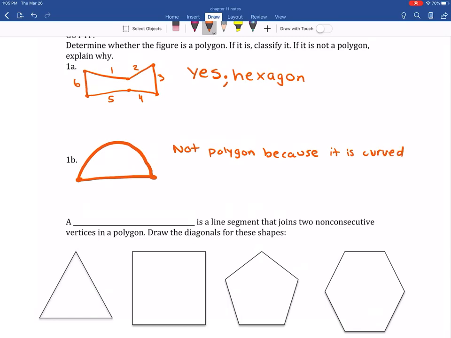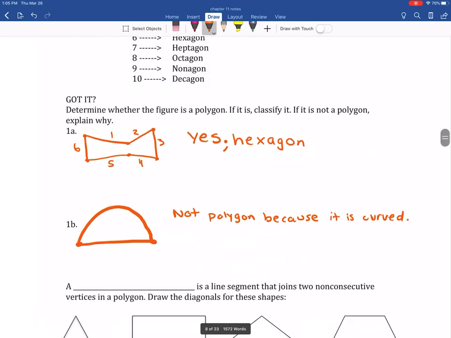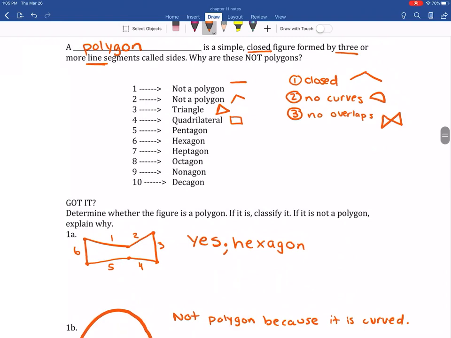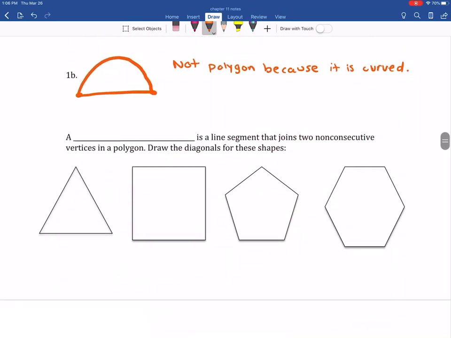It breaks the definition of the polygon, a simple closed figure with line segments, in that it's curved. So you can always check off these 3 things. It is closed and there are no overlaps, but the curves part doesn't work, therefore it's not a polygon.